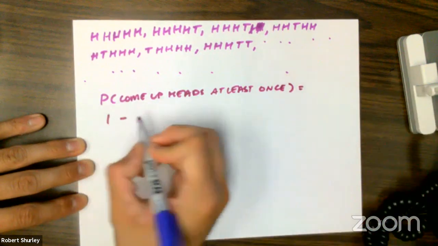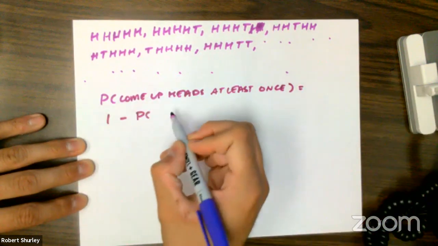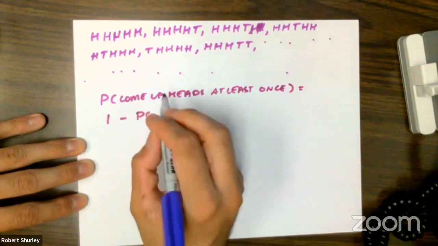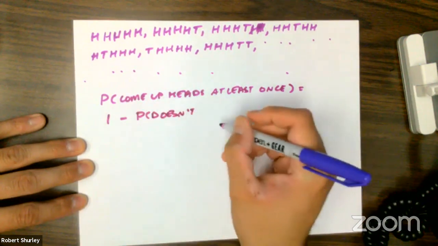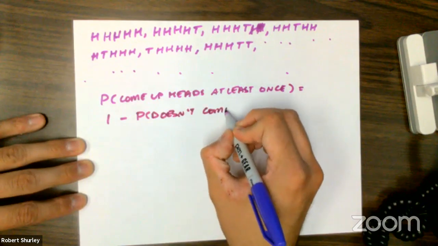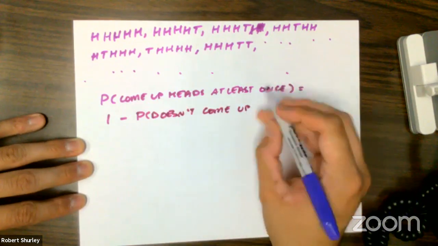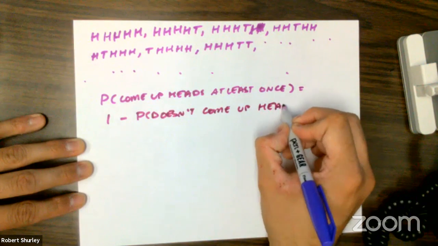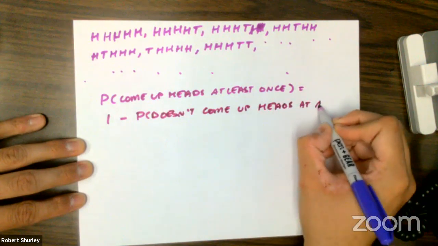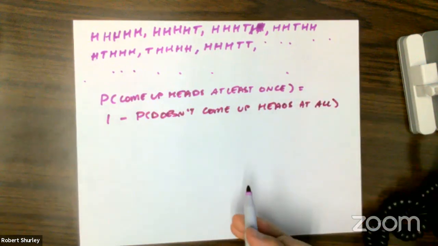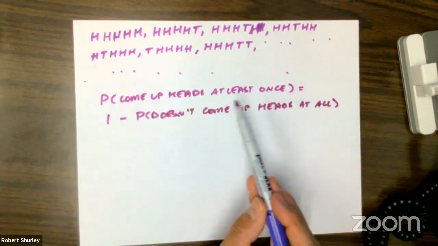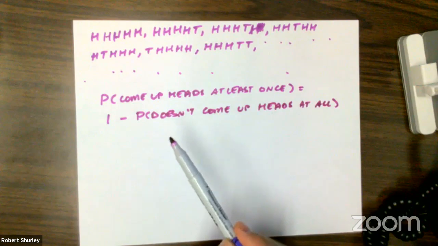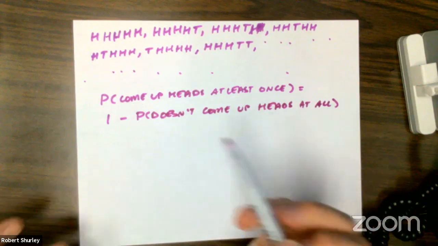equals 1 minus the probability, and I'm just writing this how the book does. It doesn't come up heads at all, right? So the probability that it comes up heads at least once equals 1 minus the probability it doesn't come up heads at all, which we know.